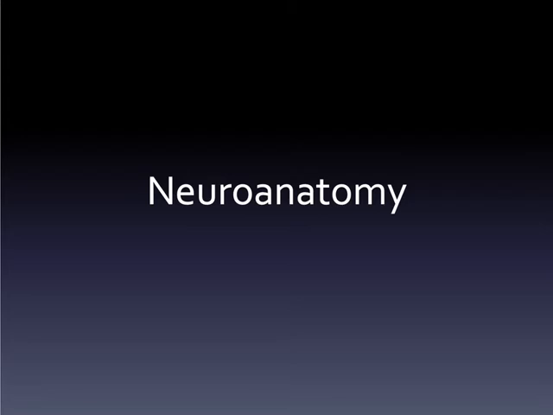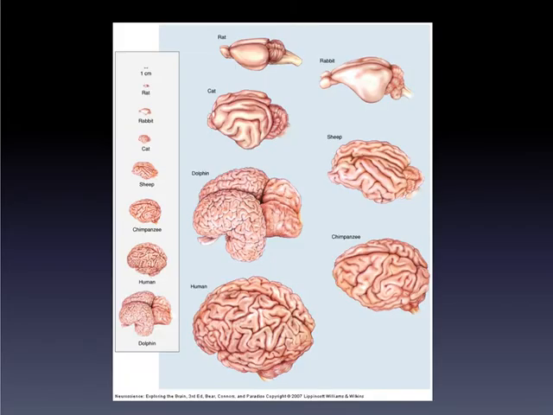Your book begins with a comparison of the brains of various mammals. So this chart shows you different mammalian brains blown up so you can see their structures and compare them. And then over here shown with their relative sizes. And note the centimeter scale there going from rat to dolphin.